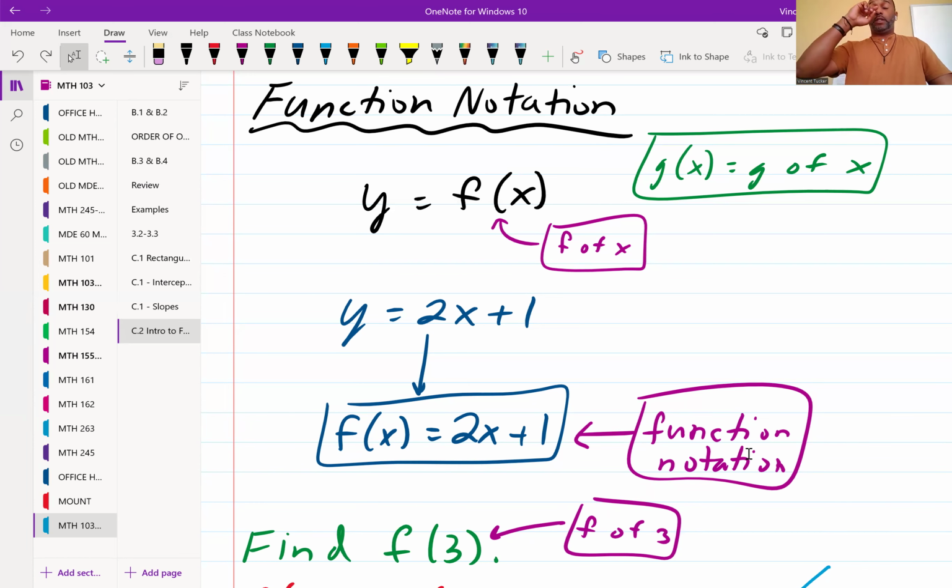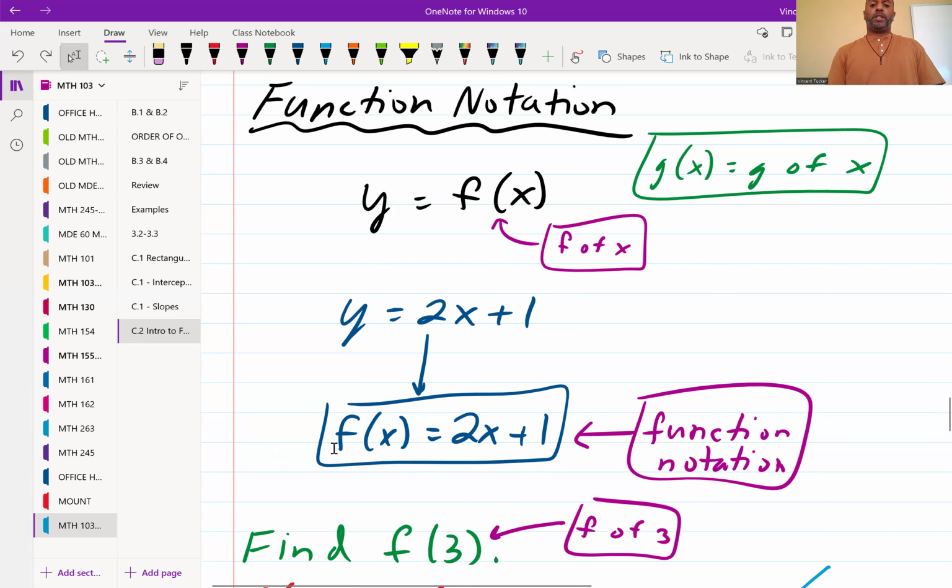So what function notation does for us is give us instructions without giving us a bunch of words. If you see find f of 3, or you just saw f of 3, you would know what to do. It means I'm going to take 3 and plug it into my function wherever I see x. Notice how in f of x and then f of 3, the 3 has been substituted in for x. Now, f has to be defined first.